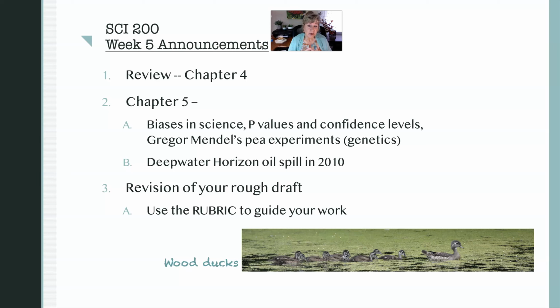So he grew peas and he crossed peas, and he looked at the offspring, and he counted nearly 30,000 pea offspring and came up with ideas about genetics. There wasn't even genetics then. All he could explain was there would be 2 different copies of a trait in an individual for a particular trait, and you inherited one from your mother and one from your father, and that there were dominant and recessive traits.